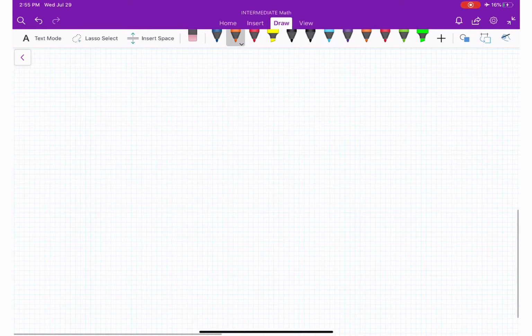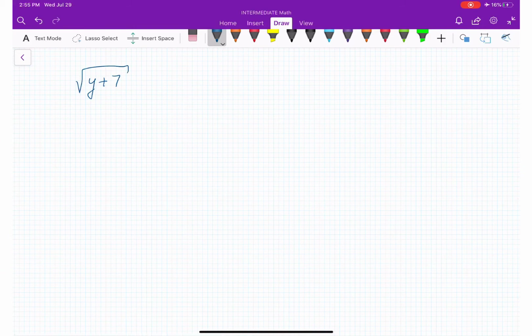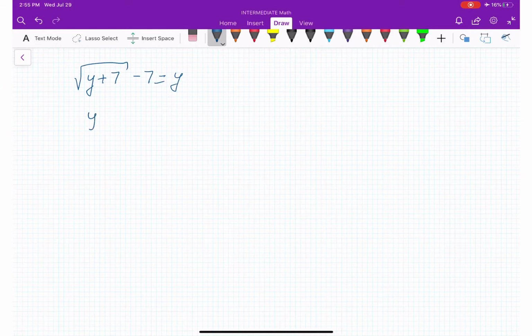Next one. So square root of y plus 7 minus 7 equal y. How am I going to solve this? Remember what I said. We are leaving the radical on one side and moving everything else to the other side. So this is going to be square root of y plus 7 is equal y plus 7, right?